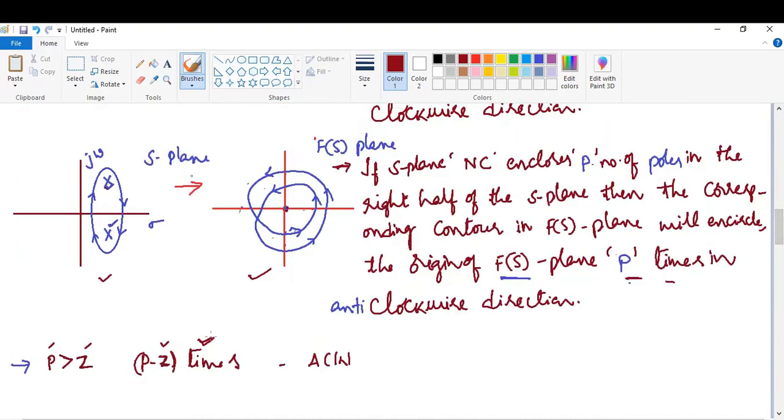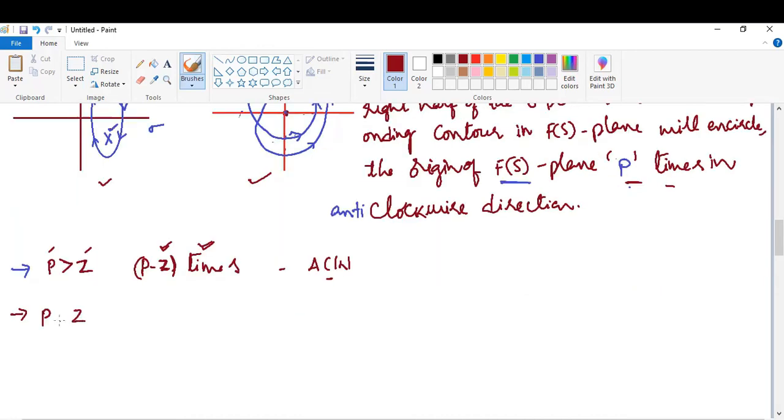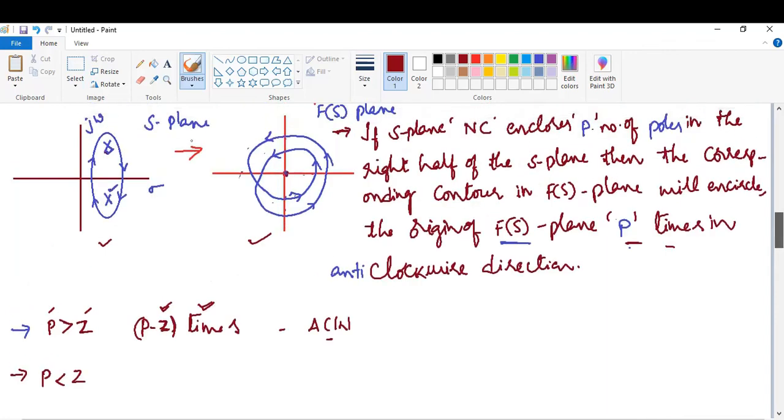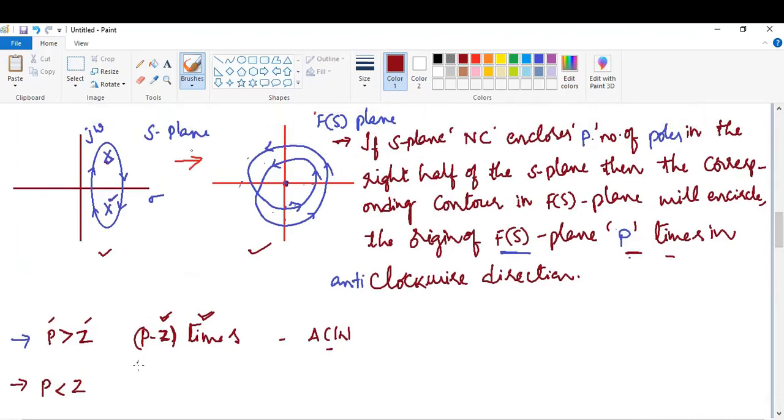In this case, the origin of the F(S) plane is encircled P minus Z times, in anti-clockwise direction. Similarly, if both poles and zeros are encircled by the Nyquist contour in the S plane, but P is less than Z, the origin of the F(S) plane is encircled Z minus P times, in clockwise direction.